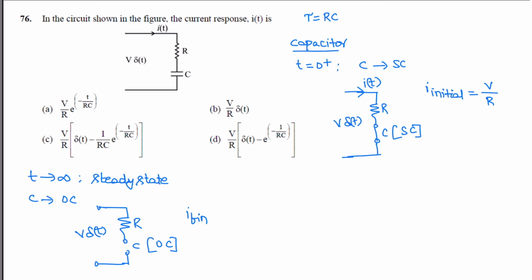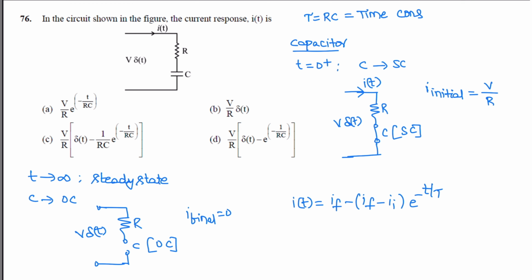The expression for current i(t) is I final minus I initial, times e to the power minus t by tau, where tau is RC, the time constant of the circuit.